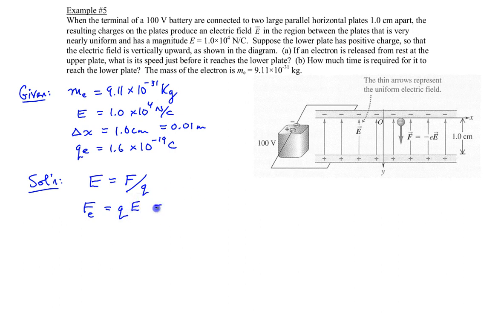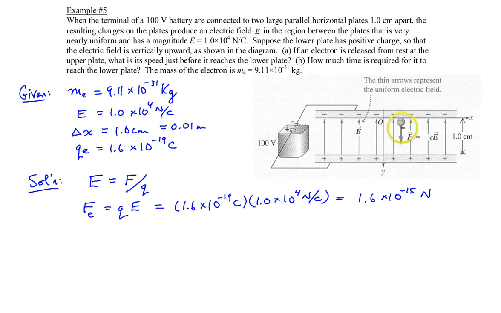So let's go ahead and calculate that. Q is 1.6 times 10 to the power negative 19 coulombs, and E is 1.0 times 10 to the power 4 newtons per coulomb. So that works out to be 1.6 times 10 to the power negative 15 newtons.